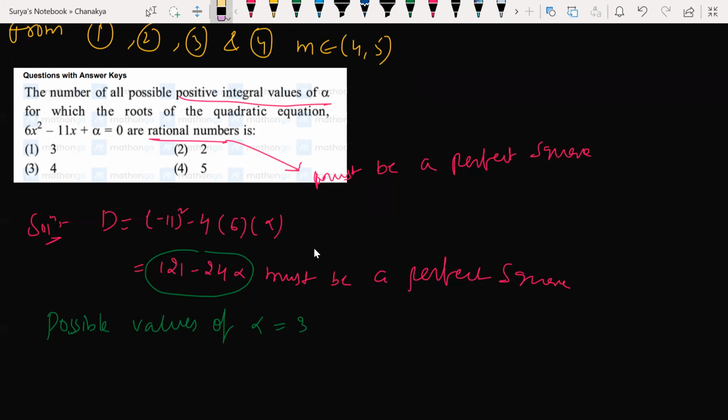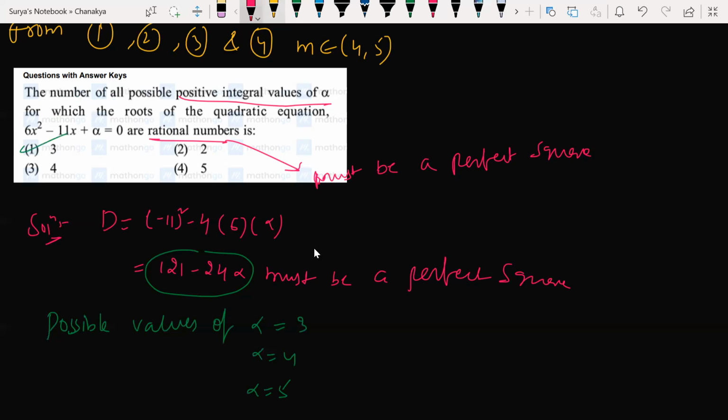Yes, alpha can be 3. Alpha can be 4, check. If you substitute 4, beta, 96, so 25. Yes, it can be 4. Alpha can be 5, check. 24 into 5 is 120, and 1. Yes, it can be 5. Absolutely. So the number of possible positive integer values is 3. That is the answer.